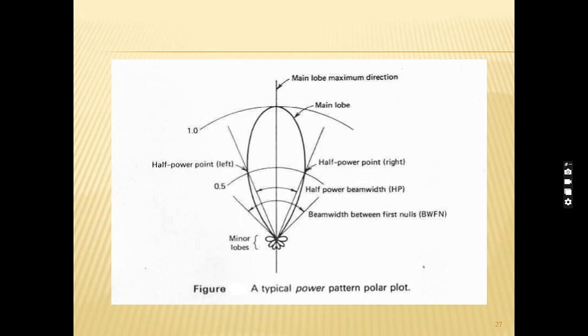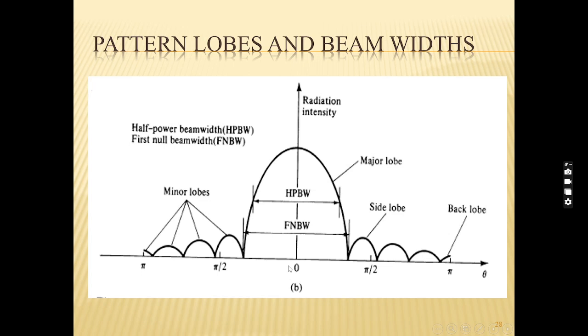So this is a 3D radiation pattern, and this is a 2D radiation pattern, where it shows the major lobe, the minor lobes, the radiation intensity in a specific direction towards the major lobe, and there are certain back lobes also that have been measured. In the direction of maximum radiation intensity there is a major lobe, from which we can calculate the half power beam width and the first null beam width also.